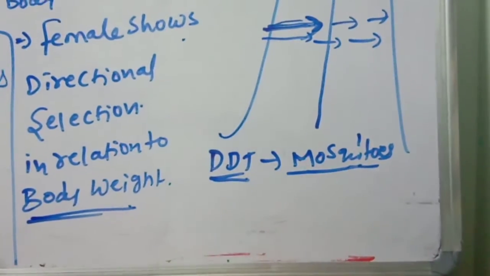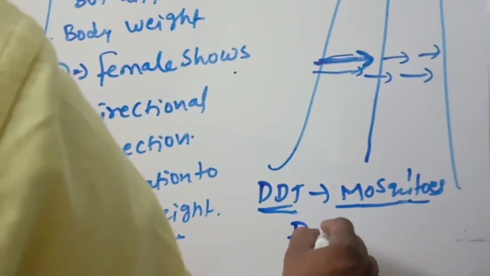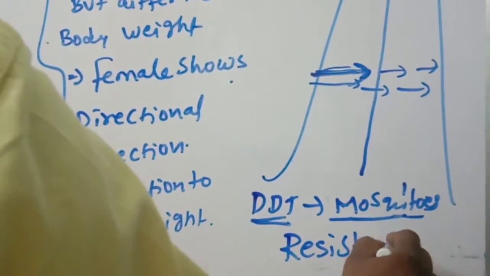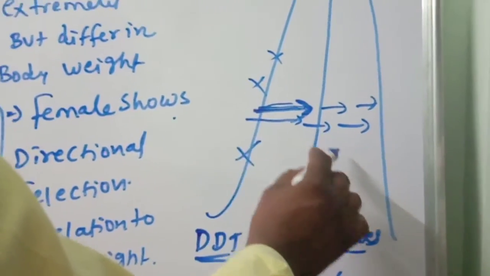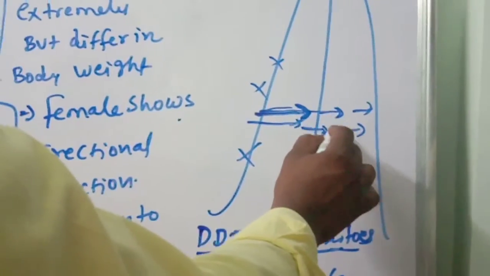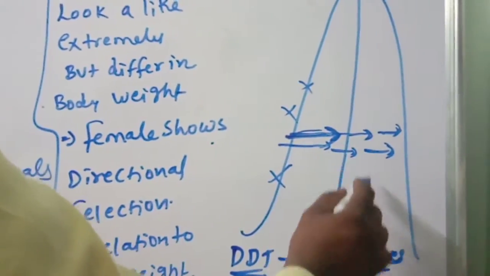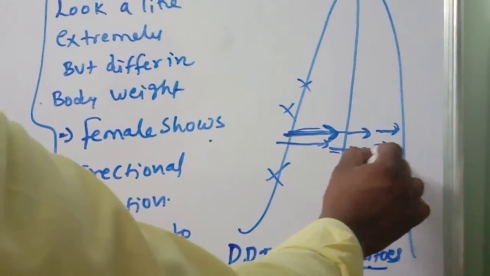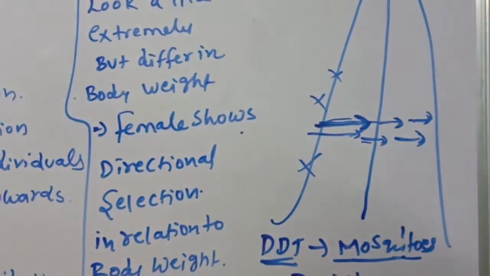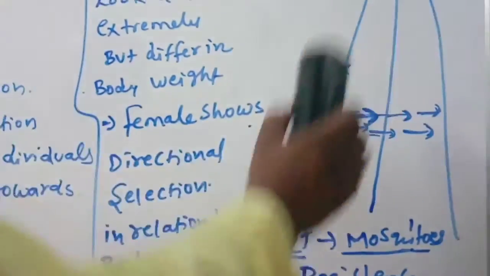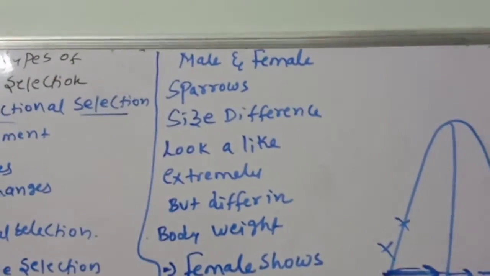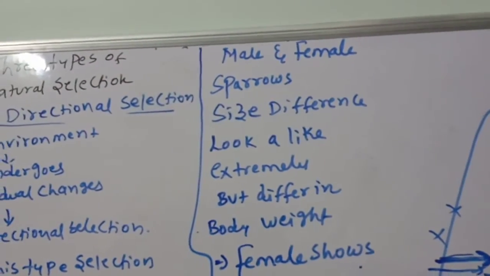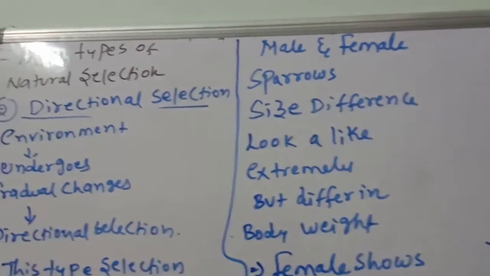That means nature selected those which have resistance. Those which are not resistant will die at the extreme. Those which got the resistance are selected by nature, and they will go towards the extreme, towards the directional. So this is another example of directional selection.